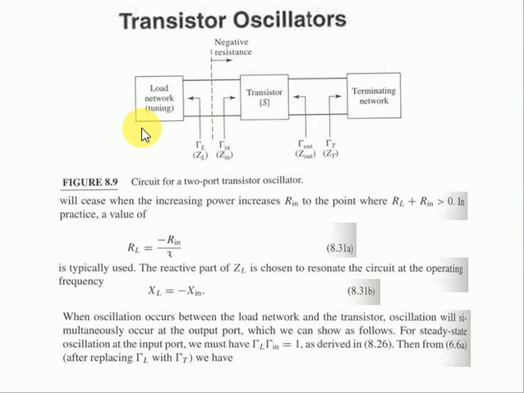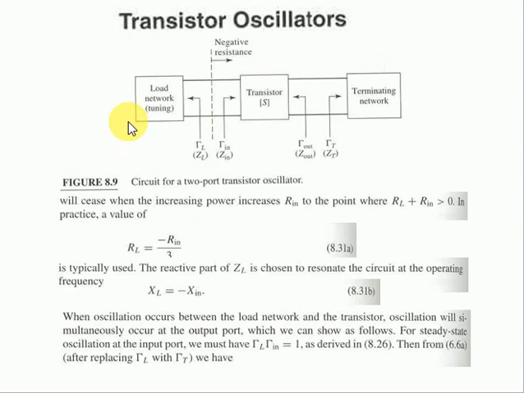Then the load impedance ZL can be chosen to match Zin, because such a design uses the small signal S parameters, and because Rin will become less negative as the oscillator power builds up. It is necessary to choose RL so that RL plus Rin is less than 0.